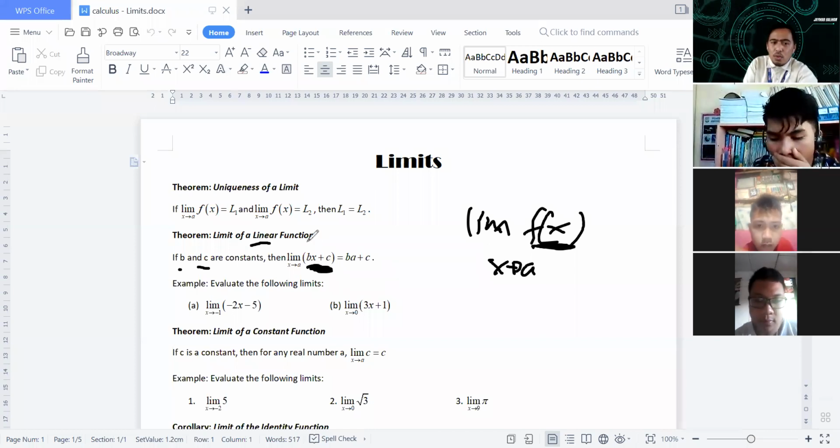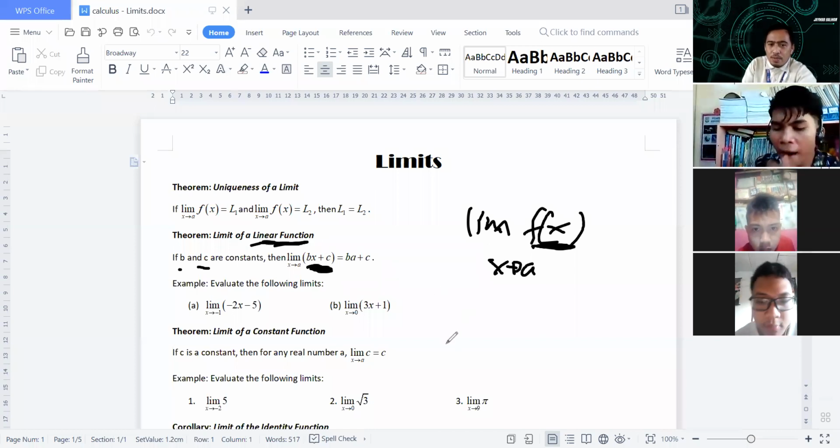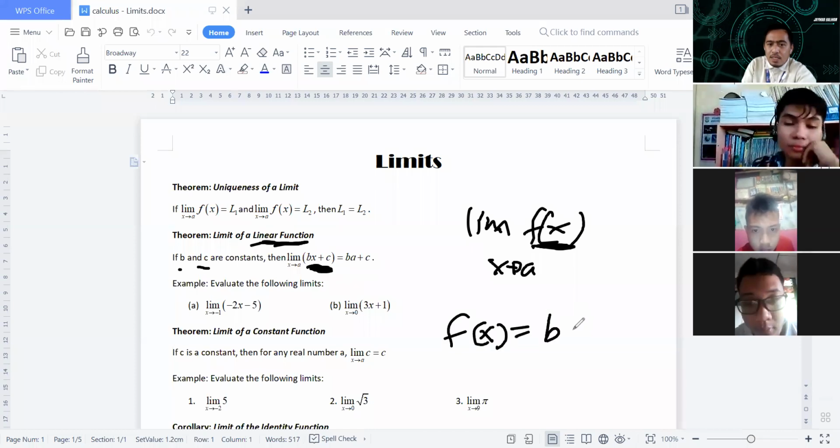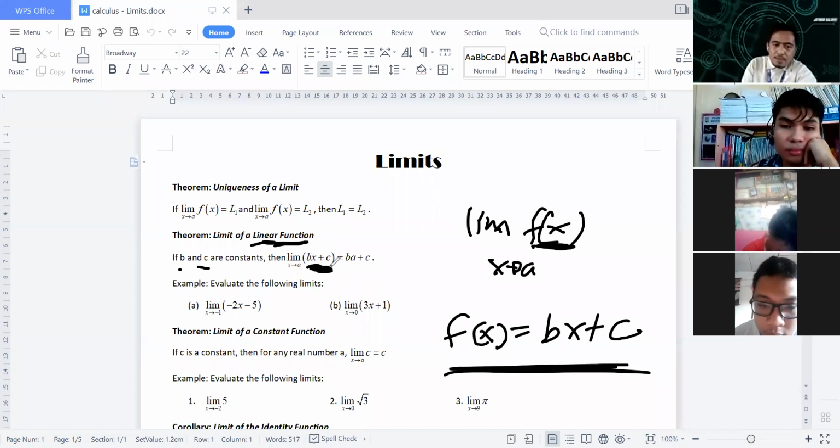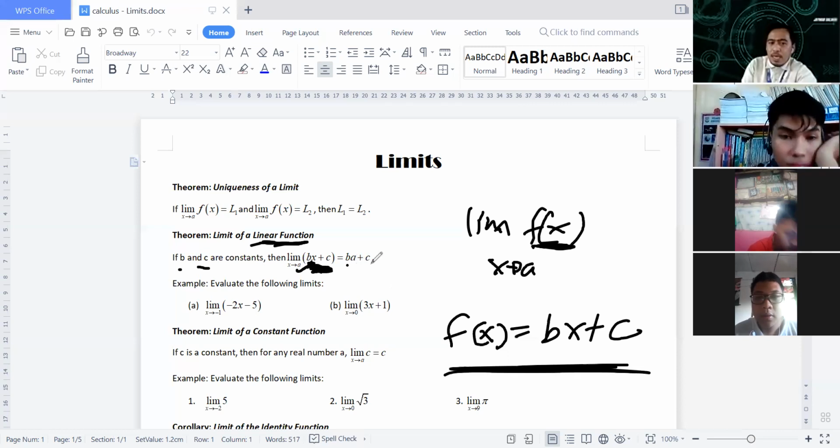That's why it's called linear, because this function f of x is equal to bx plus c, and it is a linear function, right? Its graph is a line. In this case, if your fixed point is a, you can just substitute for x. It becomes b times a plus c. Clear? X is equal to a, sir.